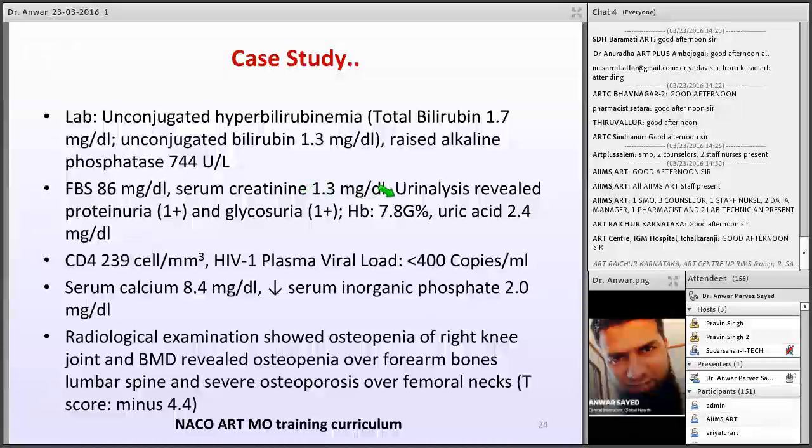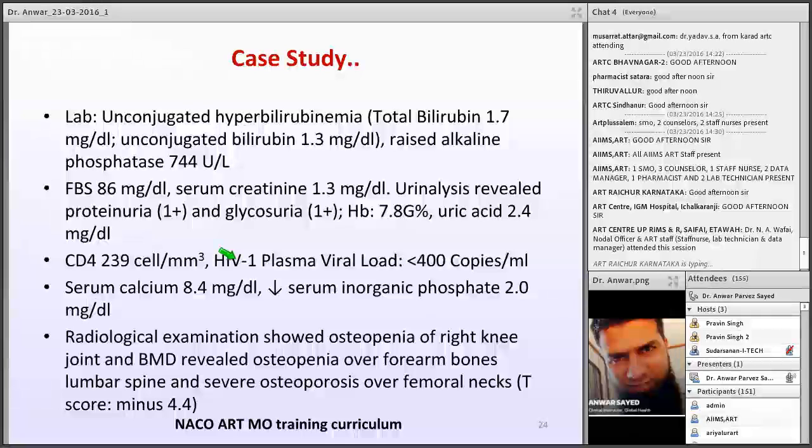Urine analysis revealed proteinuria 1 plus, glycosuria 1 plus, and hemoglobin was 7.8. Uric acid was again 2.4. CD4 was 239. HIV1 plasma viral load was done, which was less than 400 copies. Serum calcium was 8.4, which is low, and decreased serum ionic phosphate, that is 2 mg per deciliter.